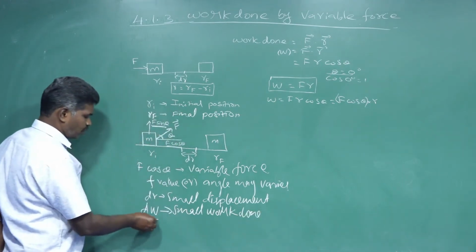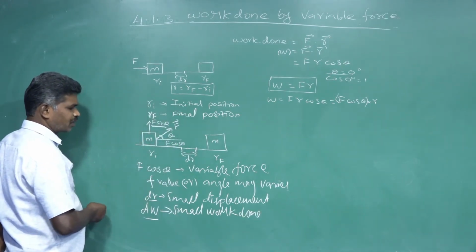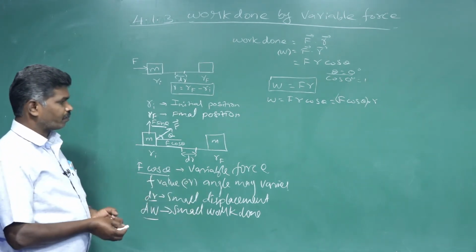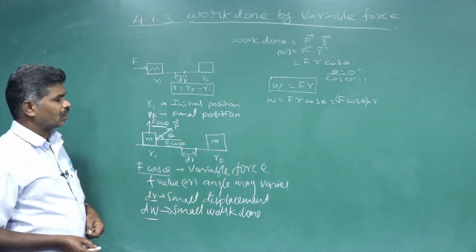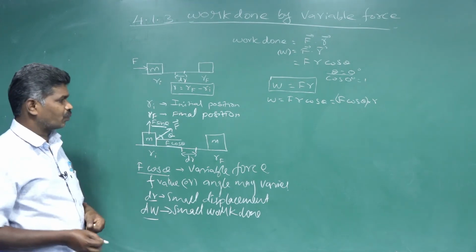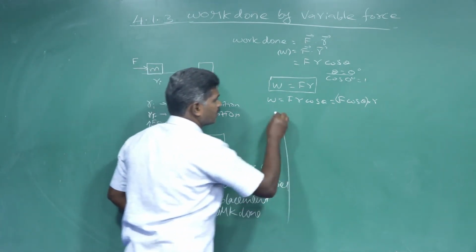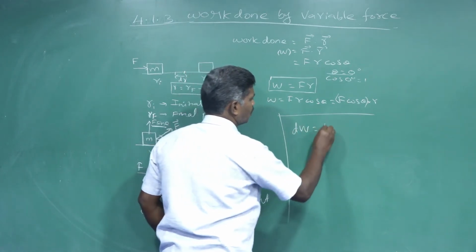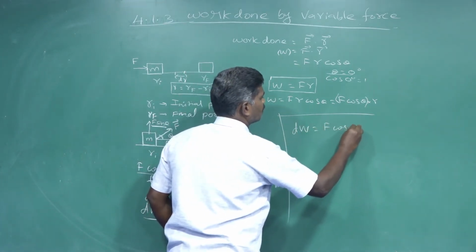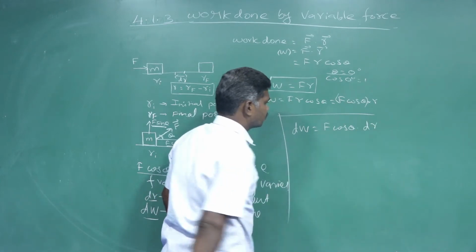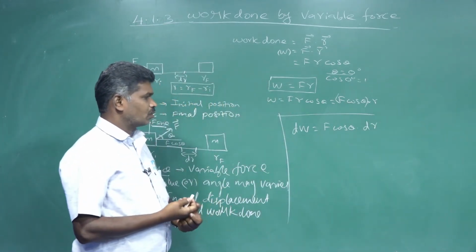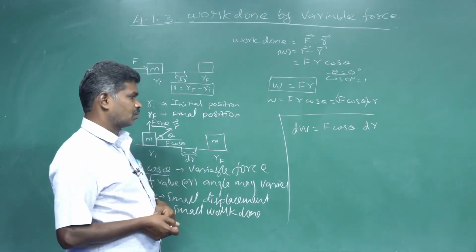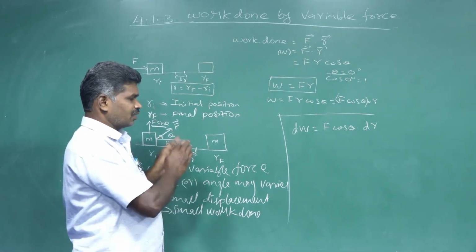So there is a small amount of work done, a small displacement, and our variable force. These three are related based on our general definition. That is, dW equal to F cos theta into dr. We are going to see the work done by the variable force between the initial and the final position.